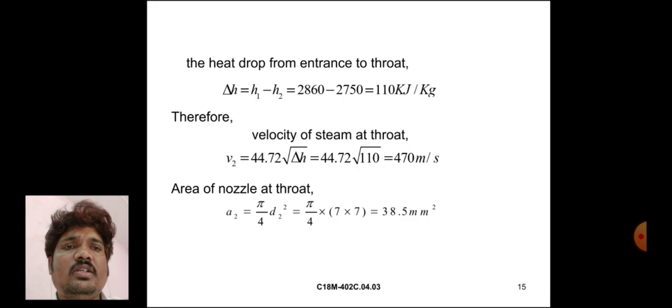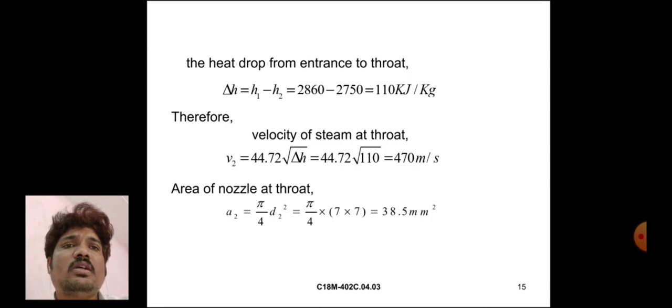This area is found as pi by 4 D squared. D2 is the throat diameter, D3 the exit diameter, and D1 the entry diameter. For the throat condition, the area is pi by 4 D2 squared, pi by 4 into 7 into 7, which is 38.5 mm square.